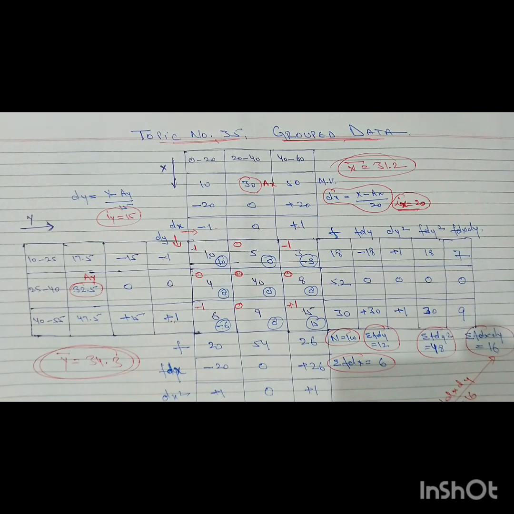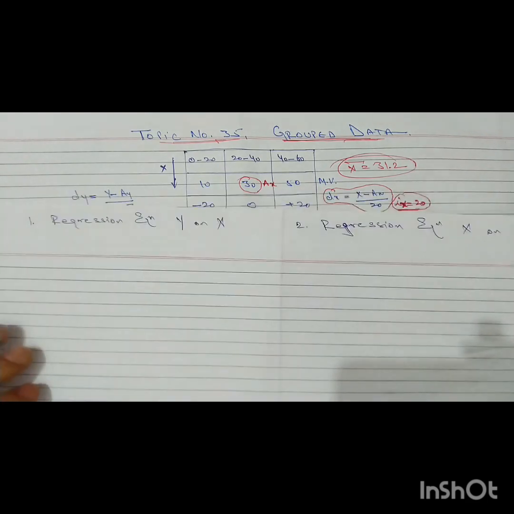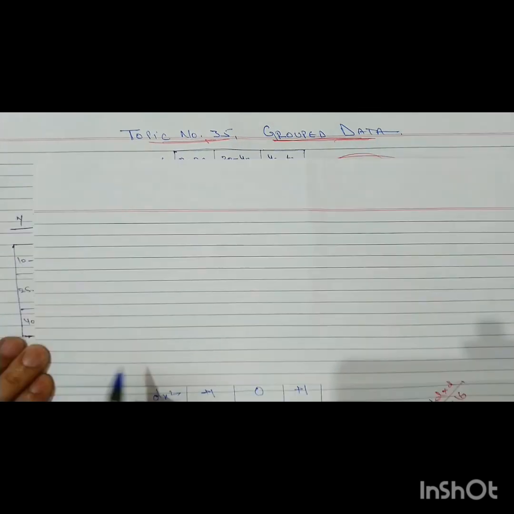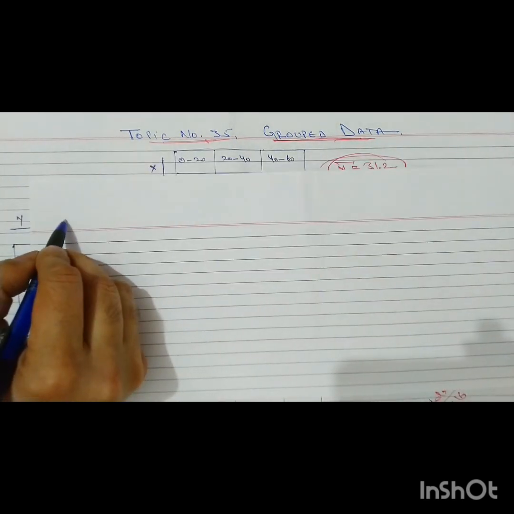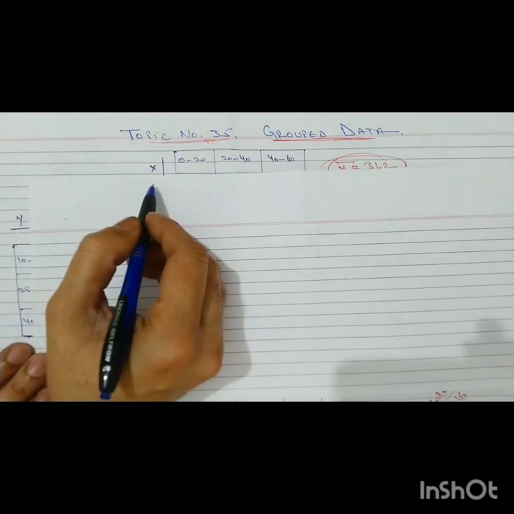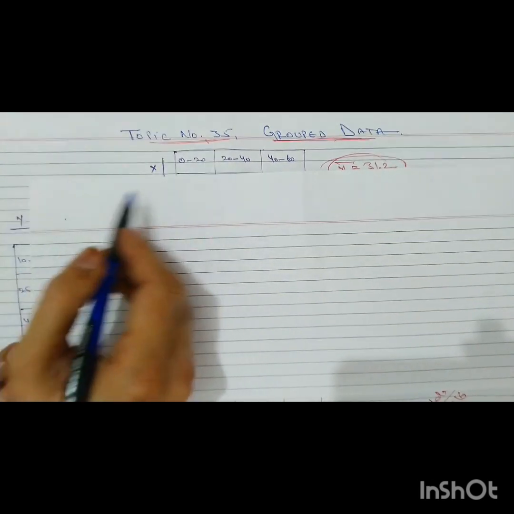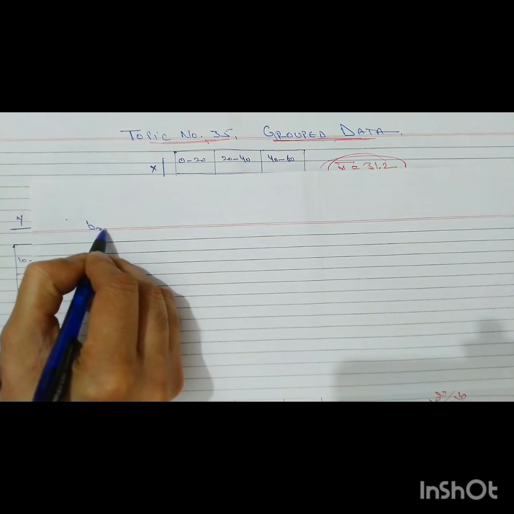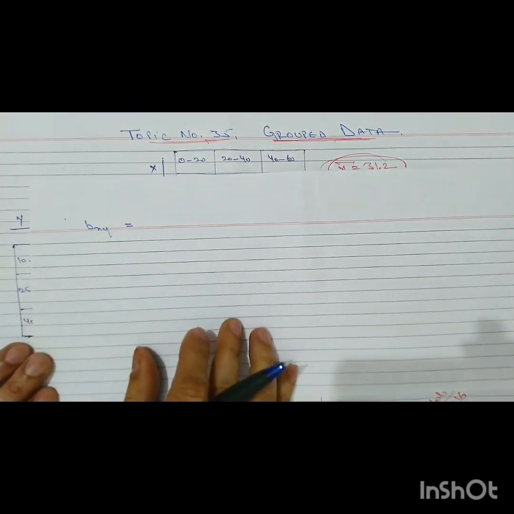Now by putting all these values in equations, first calculate equation y on x. Now find regression coefficients. Number one, mean already found, mean of x, mean of y. The next is regression coefficient of x on y.